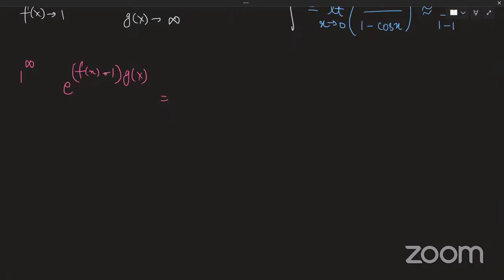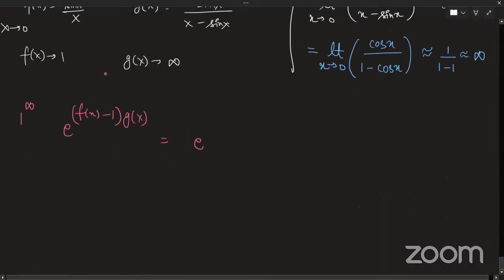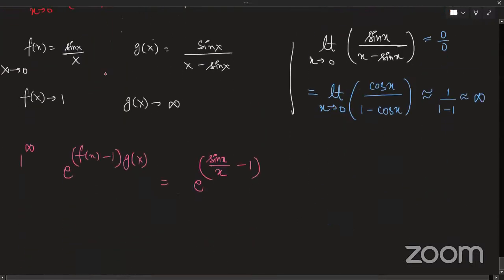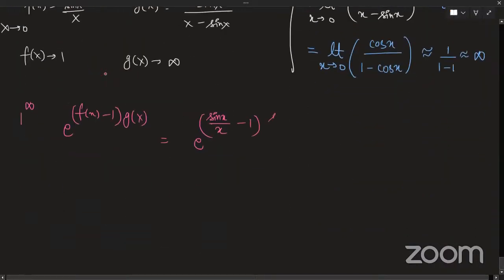Okay, so go ahead. e raised to (f of x minus 1). f of x is sin x by x, so sin x divided by x minus 1, into g of x, which is x by (x minus sin x).